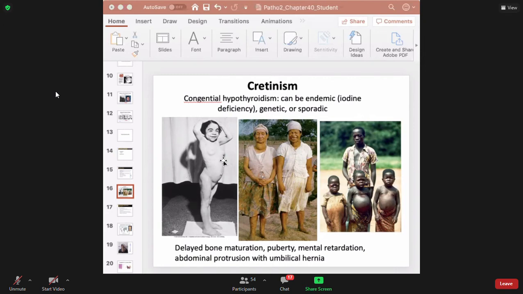If the mom doesn't have any thyroid hormone to give, then you're going to see symptoms like delayed nervous system development, delayed skeletal system development, severe mental retardation. They're going to be very short in stature. They have very coarse facial features. They've got this protruding tongue, which makes it very difficult for them to feed.